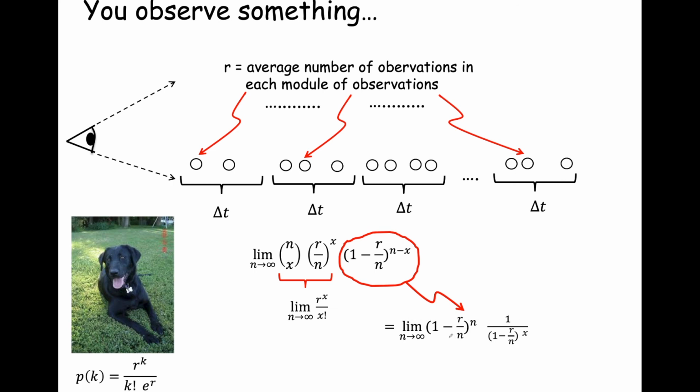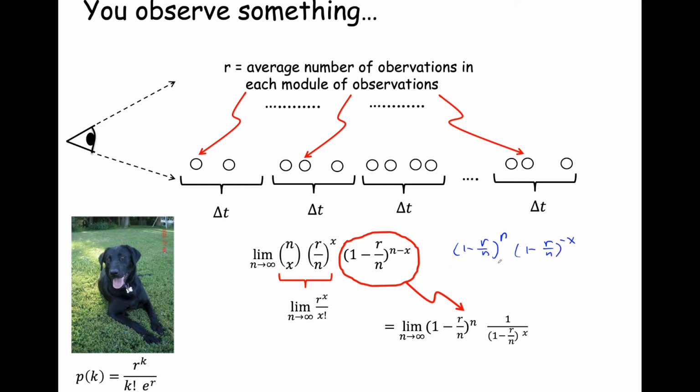Well, if I were to combine this, that's nothing more than 1 minus r upon n to the n, raised to the x power in the denominator. Because 1 minus r upon n to the n minus x is the same as 1 minus r upon n to the n power times 1 minus r upon n to the minus x power.